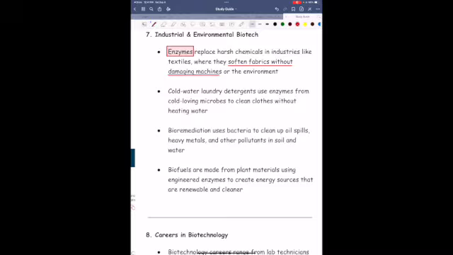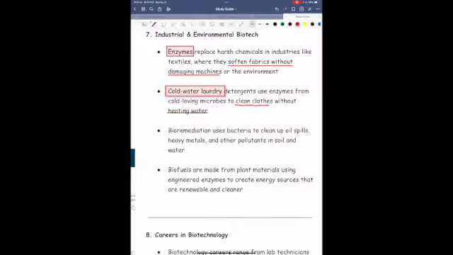Now we can use an enzyme to produce the same thing and not damage those machines. Cold water laundry detergents use enzymes to wash your clothes without having to use hot water.